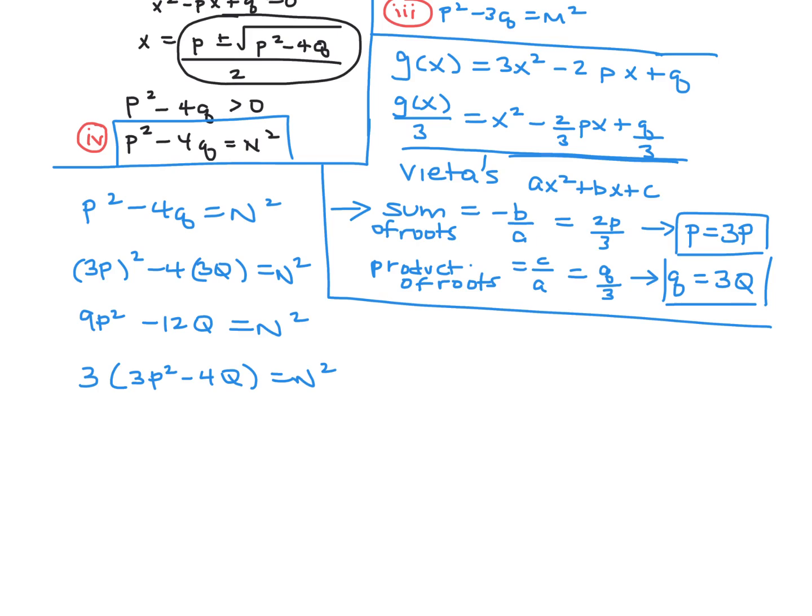All right, so the only way this will be a perfect square is if this is a 3, so that the expression in the brackets also has to have some 3 in it. So it's got to be some sort of multiple of 3.